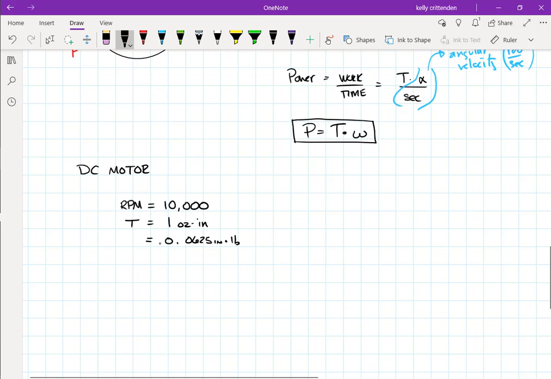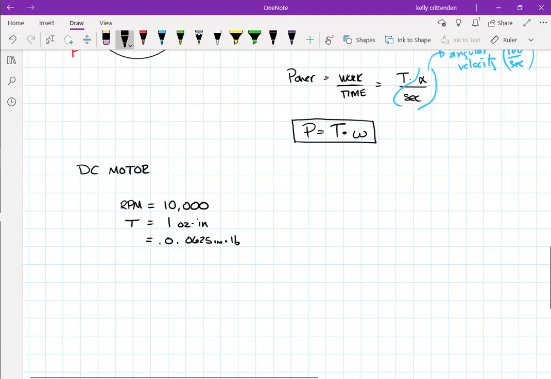It doesn't mean that it only operates at 10,000 RPM and outputs 1 ounce-inch or 0.0625 inch-pounds of torque. There's a whole curve you would need to analyze to figure out what speed you want to operate this motor at, and at that speed, what torque does it generate? So it's not quite as simple as grabbing a single number off of a chart, but it gets you started on whether this motor is going to do what you want it to do.